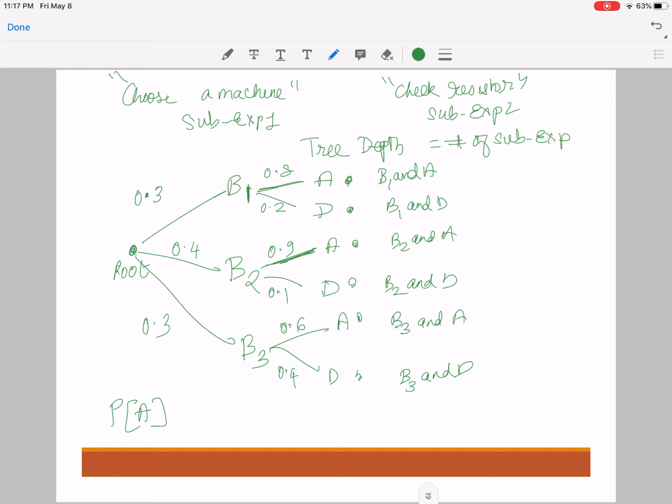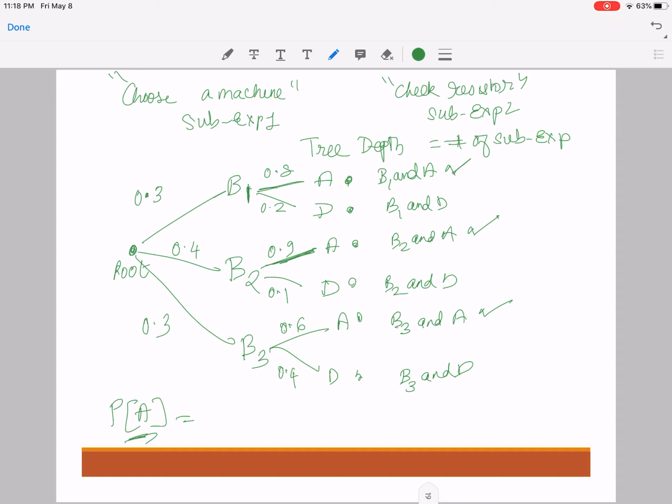Now, my acceptable resistor is actually residing in multiple leaves. I have an acceptable resistor right here, I have an acceptable resistor right here, and I have another acceptable resistor right here. So my event acceptable resistor resides in these three different leaves.